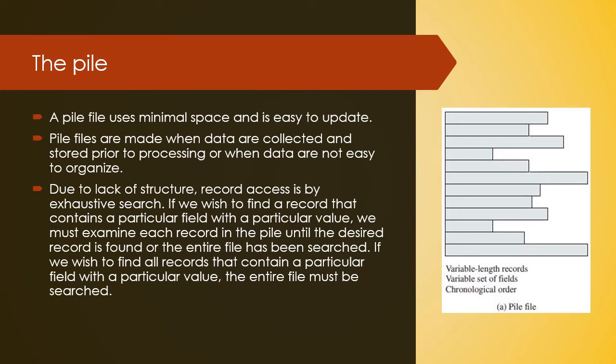If we wish to find a record that contains a particular field with a particular value, we must examine each record in the pile until the desired record is found or the entire file has been searched. If we wish to find all records that contain a particular field with a particular value, the entire file must be searched. It is unsuitable for most applications.